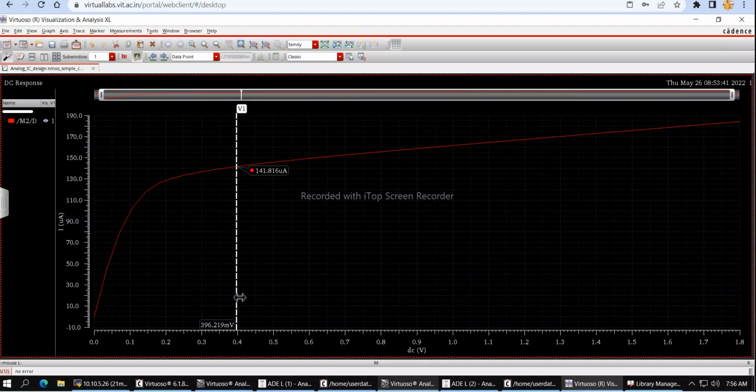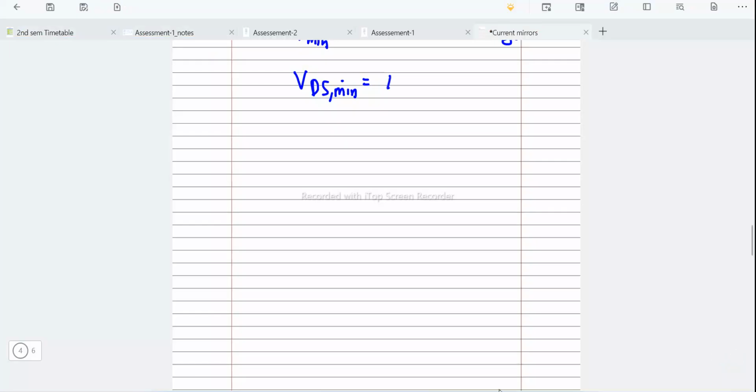Yeah, 141 is also fine, because even though there is a gradual change in the VDS, there is only a slight change in the drain current, so around this value is also fine. I can say this is 0.448 or 448 millivolts. So this is the minimum headroom voltage required.